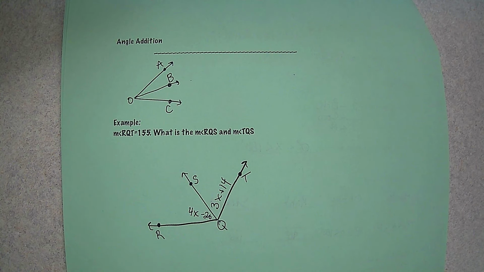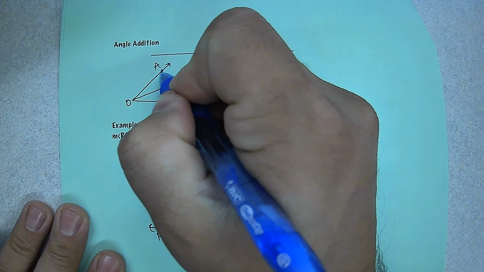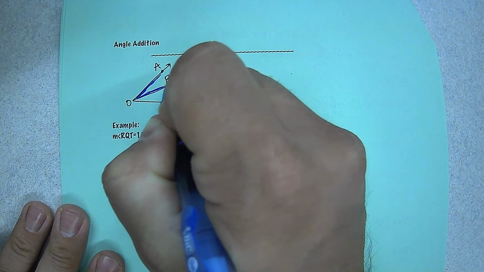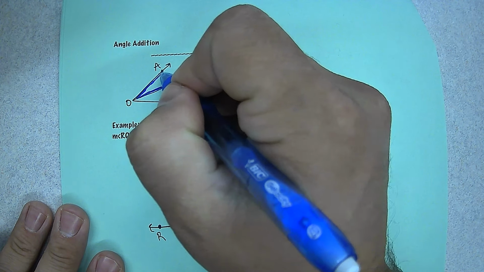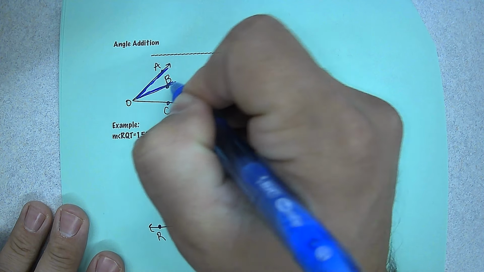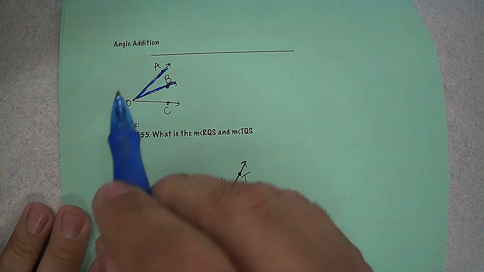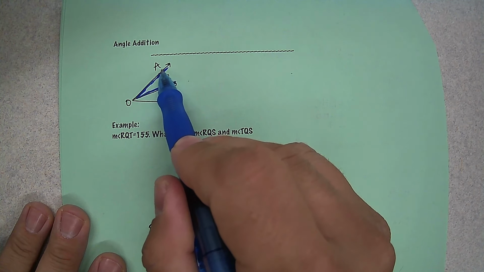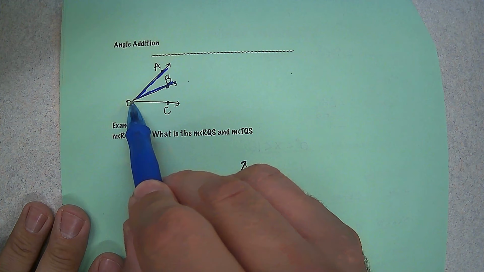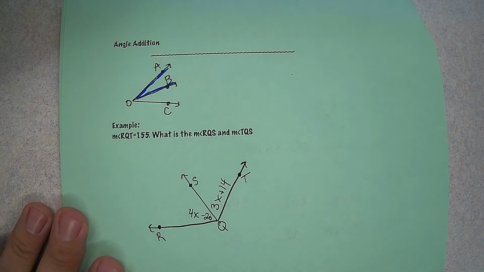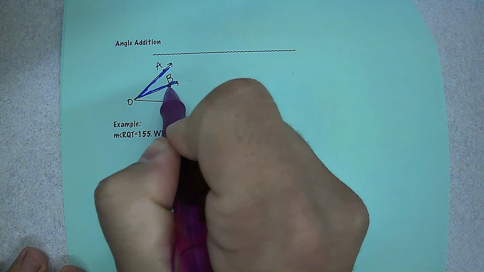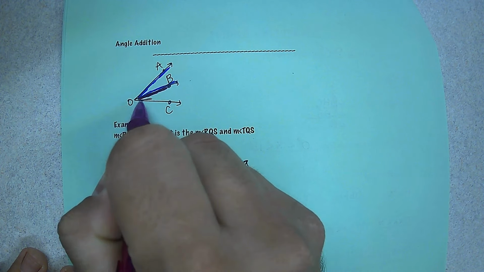So what we're going to look at is a couple different angles, and I'm going to draw these in here. So we have this angle right here, and this would be angle AOB. And then we have angle BOC.